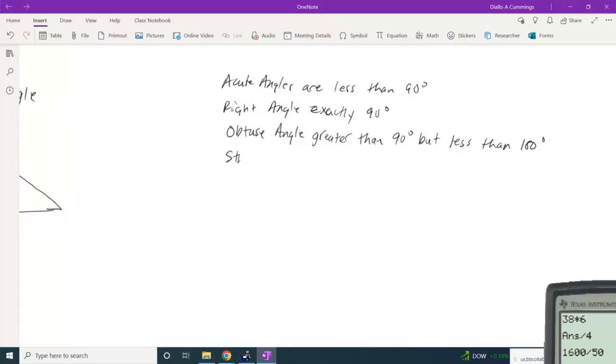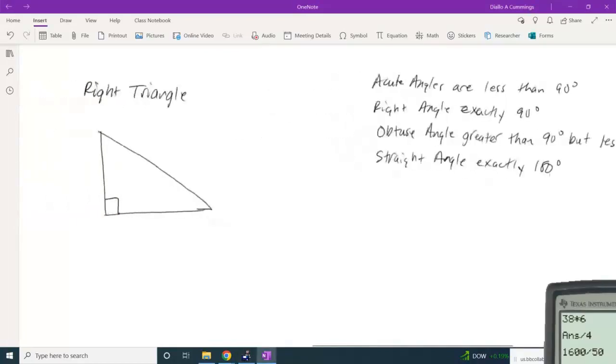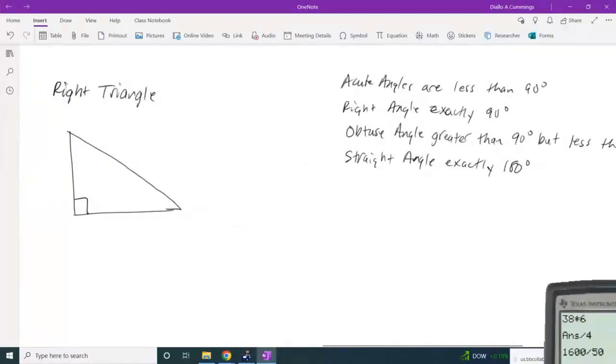And then we have a straight angle, which is exactly 180 degrees. So those are the 4 types of angles. In a right triangle, you have a right angle, and the other 2 angles are acute angles, right? They would be less than 90 degrees.